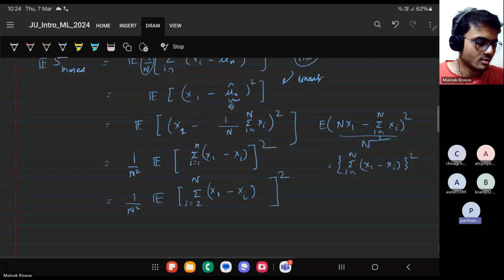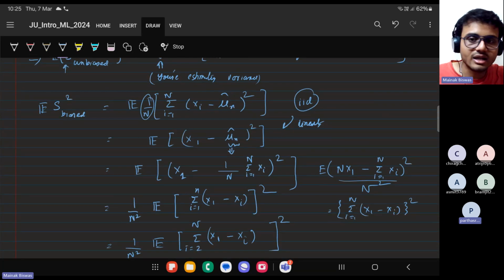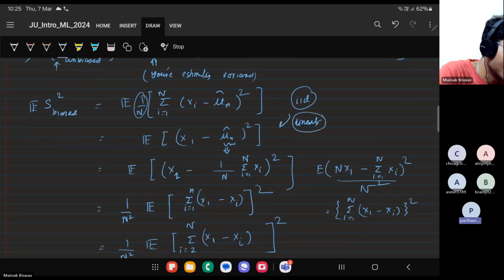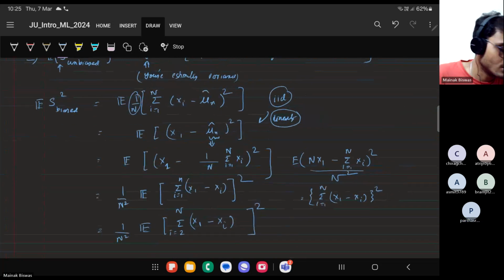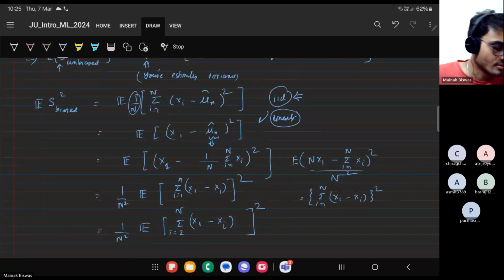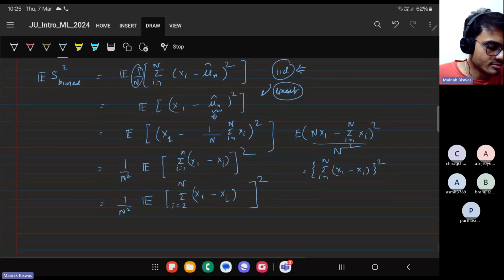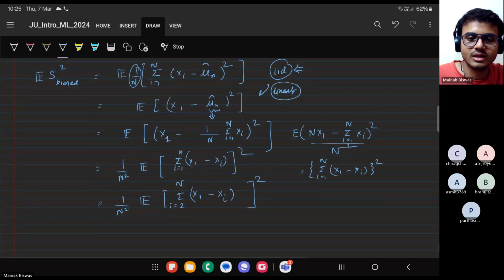Why did you write x1 suddenly? Since they are IID, identically distributed, any of the xi can be represented by only one of the xi. So for 2 to n, the 1 will be cancelled to 0. Easily understandable.